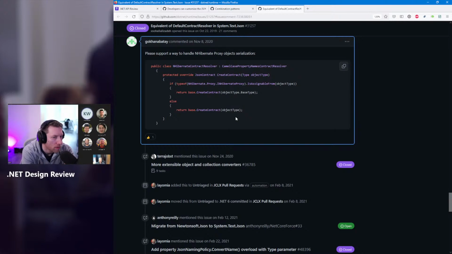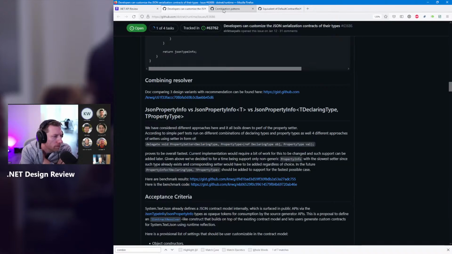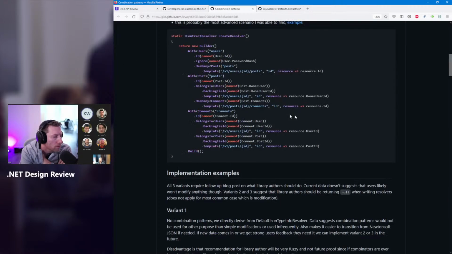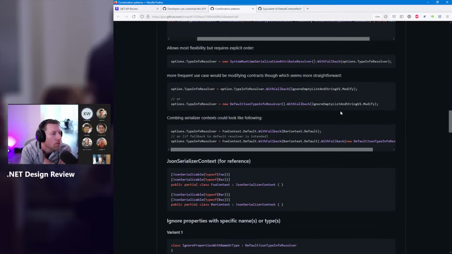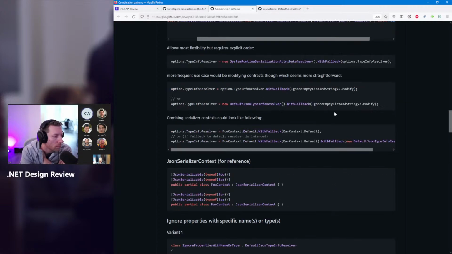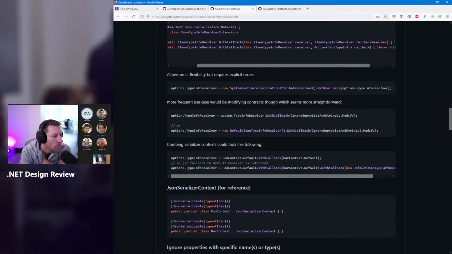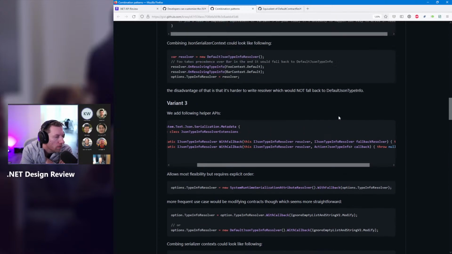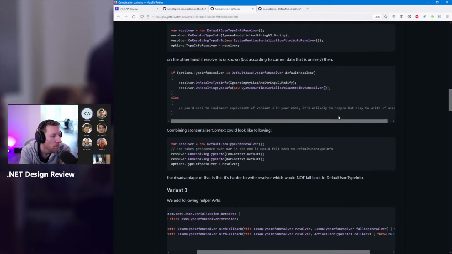No, the most common case seems to be something along the lines of, I want to remove all of the properties which are called password, or I want to change some empty lists so that they don't show up in the JSON, something like that. Those are the most common scenarios I found. There were actually very few scenarios I found where people build it from scratch.